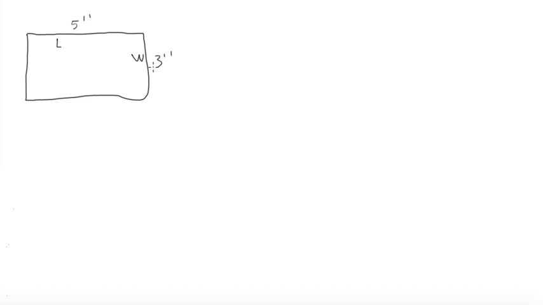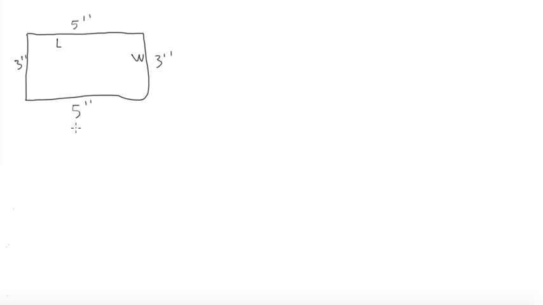Well, if it's a perfect rectangle, then this side's also going to be 3 because it's going to equal that side, and this side's also going to be 5. Okay? And then if I wanted to know what the length was around this rectangle, I would do 3 plus 5 plus 3 plus 5.